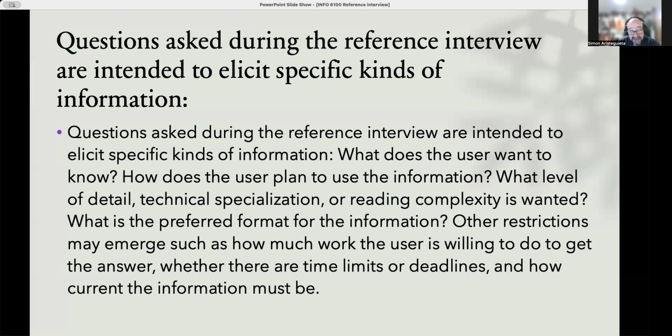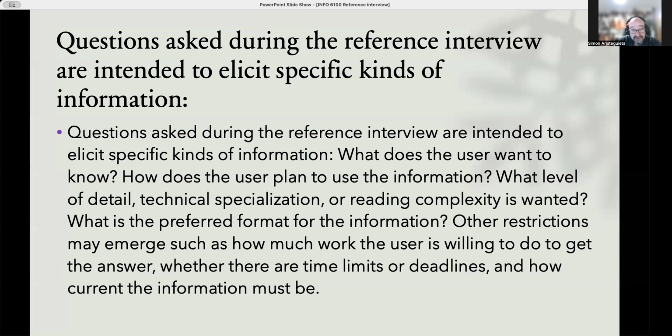It's very interesting that it's also pointed out that there are restrictions, and that will lie not only in the type of resources that we have available in our library and in the internet or with interlibrary loan, but it is a restriction how much work the user or the patron is willing to do to get the answer.